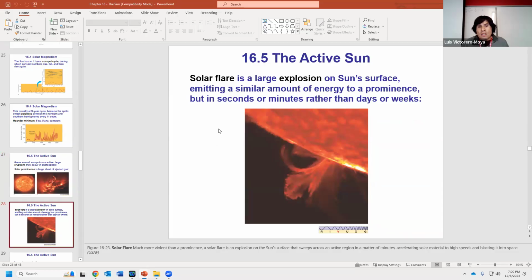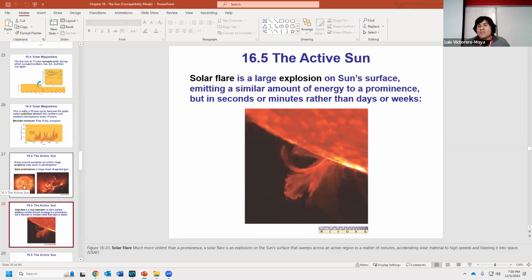All right. You probably have heard about solar mass ejections, solar flares, right? These are explosions happening on the surface of the sun that are emitting energy in every direction. Remember when I showed you guys the video of the auroras? Well, basically that is what happens, right?